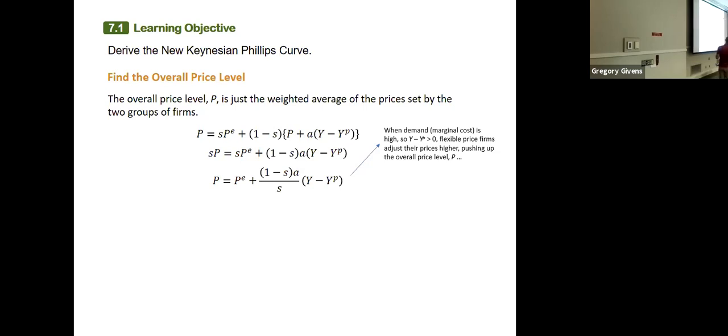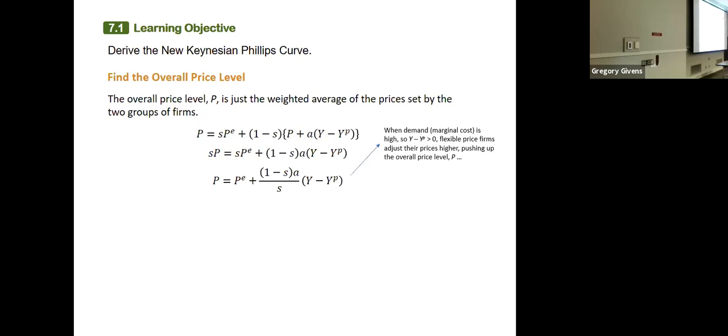How much does the overall price level go up by? Whatever this term is here, 1 minus S times A over S. That number gets bigger if 1 minus S is larger, meaning that there are more flexible price firms in the economy. But Levi, what happens if there are more sticky price firms like yourself in the economy? S gets bigger, and the effect of a change in the output gap on the price level gets smaller.